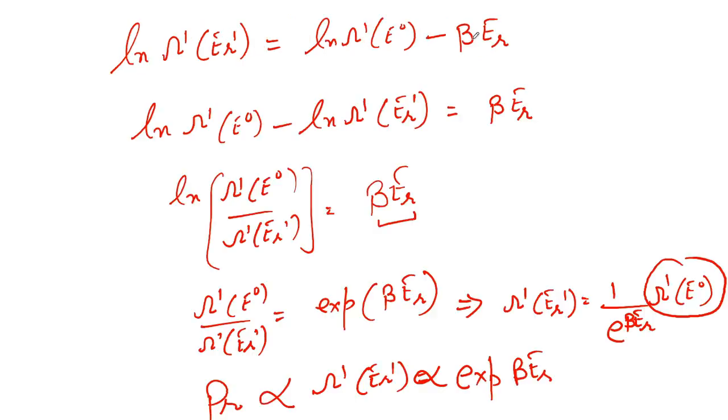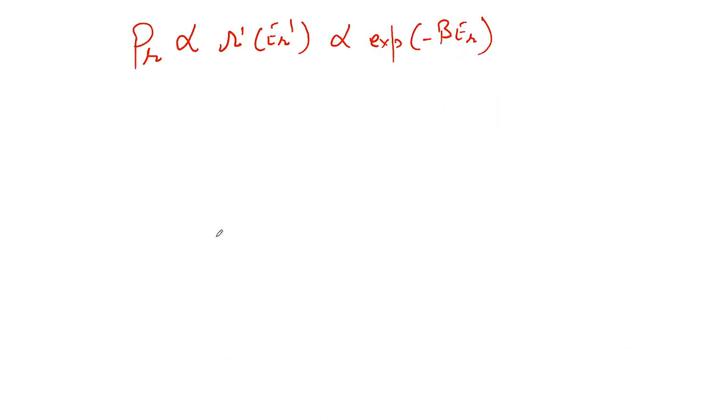Here I would like to tell you that when exponential is in the denominator and we write it in the numerator, it comes out to be exponential of minus B into ER.